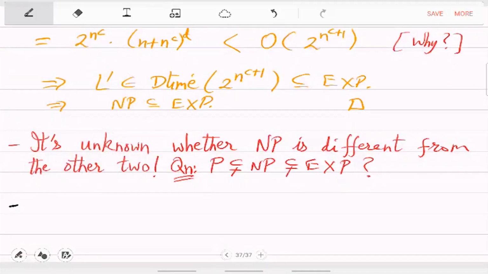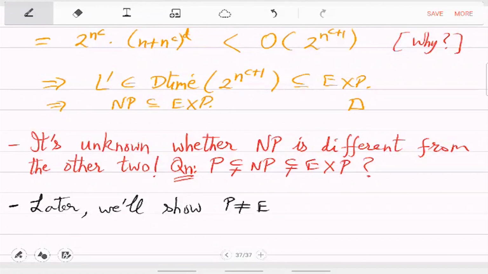But one interesting thing is that these two endpoints, P and EXP, we will separate in this course. So later we will actually be able to show that polynomial time and exponential time are actually different classes.